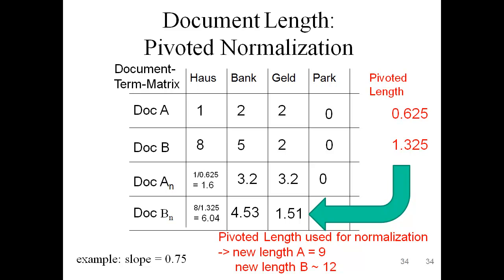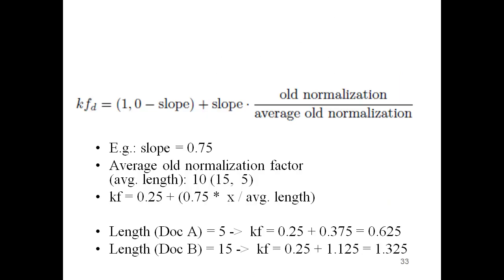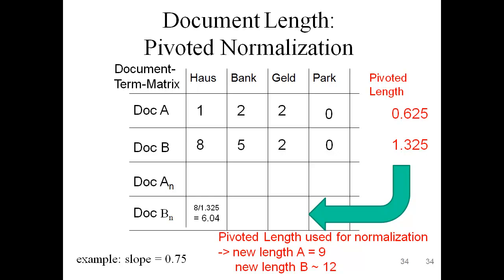Here we divide all the weights with the pivoted length, and the pivoted length is the result of the previous formula, this one, which takes into account the old and the new document length. So now we have to look at 2 slides to make this calculation, and we end up with these weights.